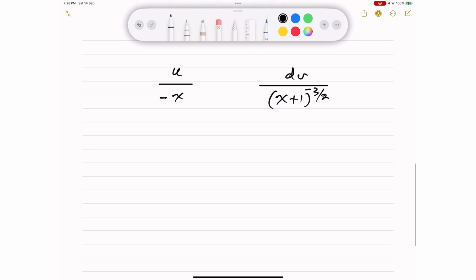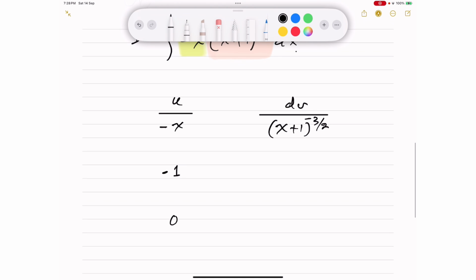I'll keep differentiating here until I reach 0. And for the other side, I'll keep integrating. So what's the integral of (x+1) to the power negative 3/2? It's (x+1) to the power negative half, divided by negative half, so that's negative 2 here.